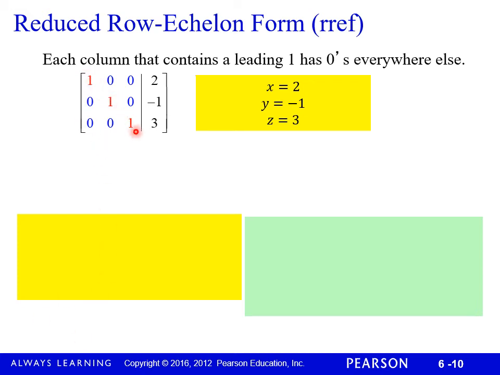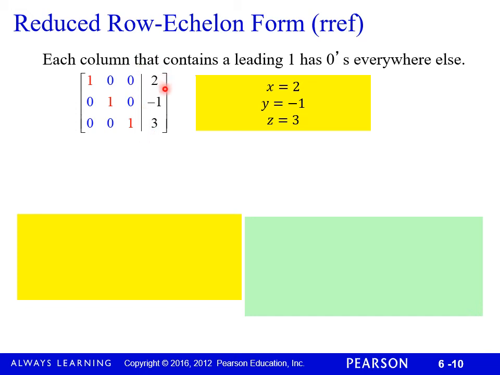In the last problem, we created ones on the downward diagonal and zeros below. Here, we are also going to create zeros above this downward diagonal of ones. Now, why do we do that? Because now, notice our answers are already done.